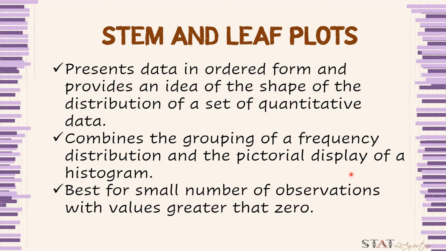It is best for a small number of observations with values greater than 0. It is also called a stem plot. Why stem? Because there is a leaf and there is a stem. So stem plot, just like a plant.